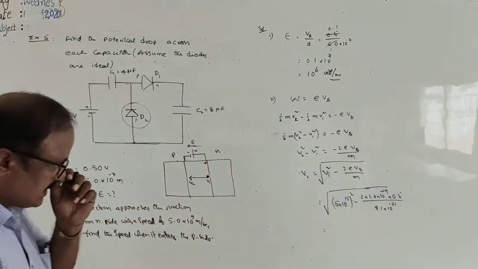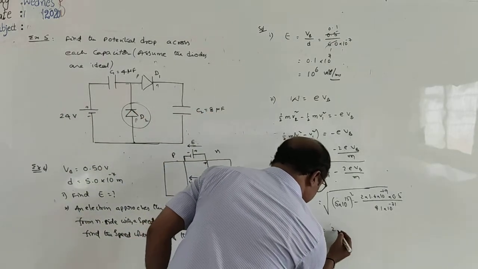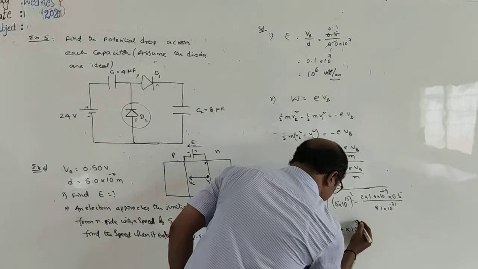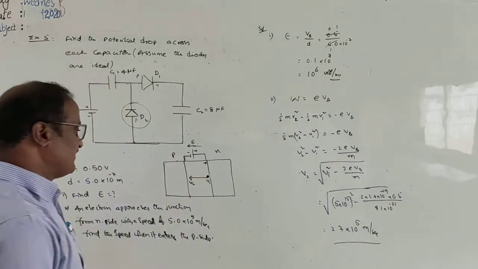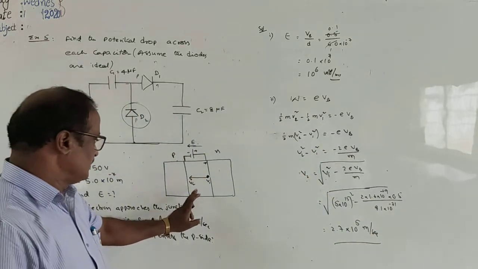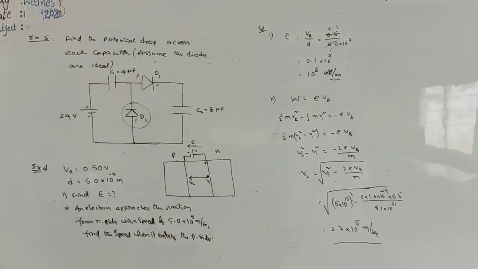After solving this, you can get the answer as 2.7 into 10 to the power 5 meter per second. So this is the final velocity of the electron on approaching towards the p-type material.